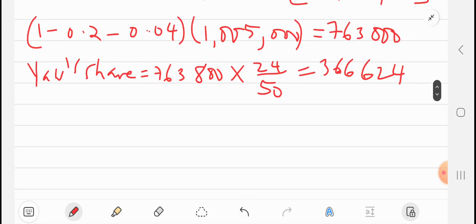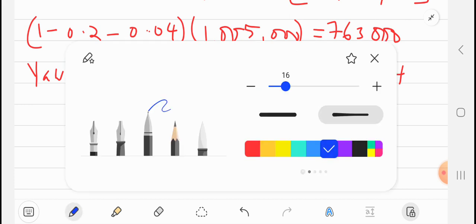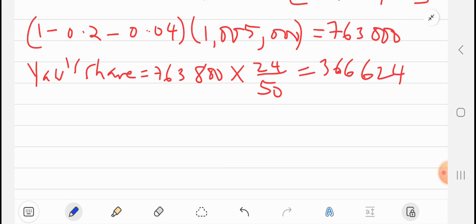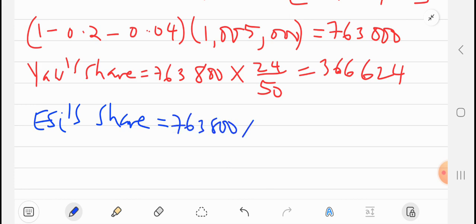That is Yo's share. And then we're going to look at S's share. S's share will be 763,800.